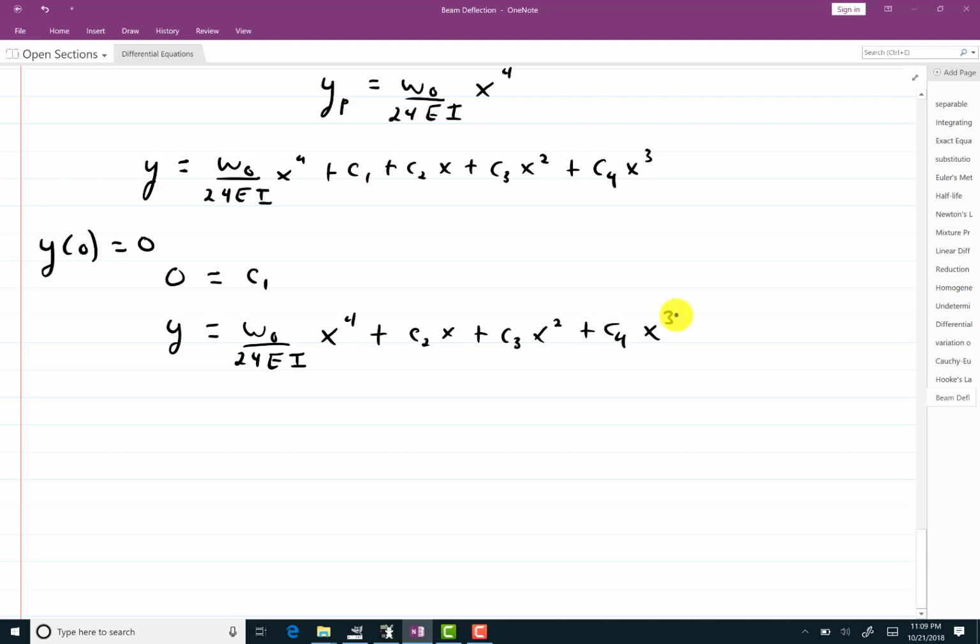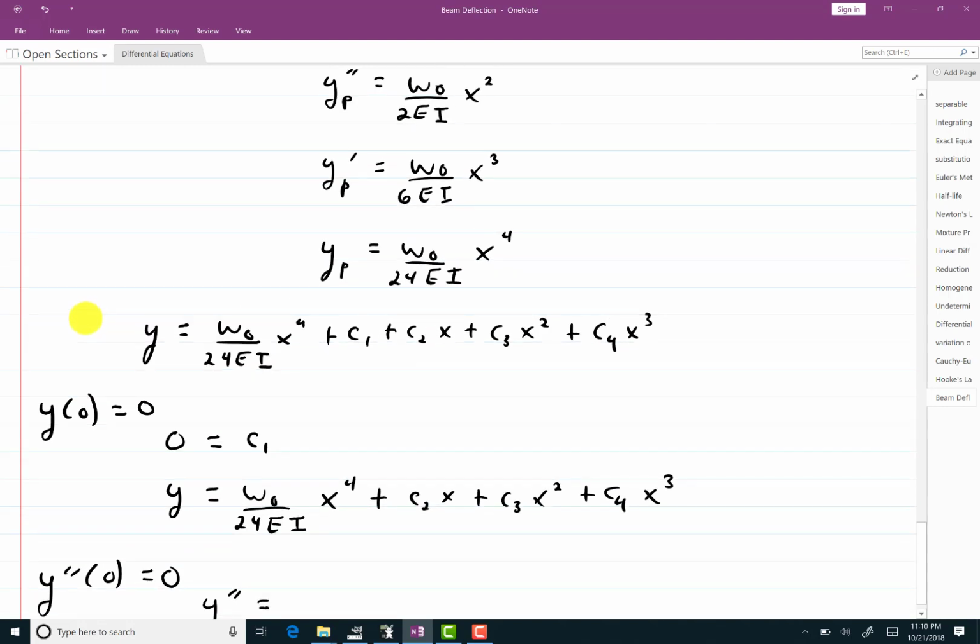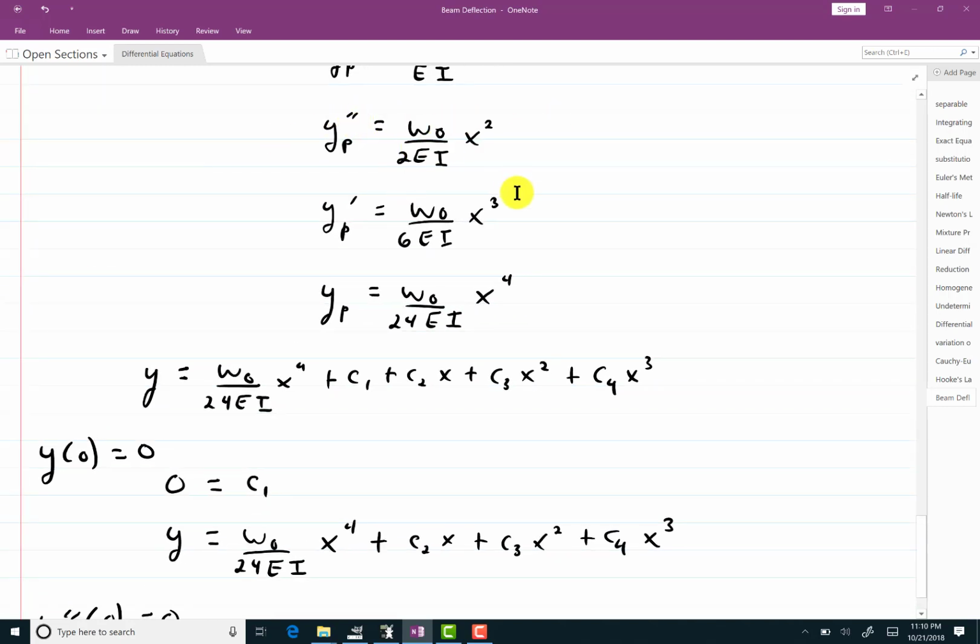The way you attack these is probably best to stick with the conditions that happen on the left side first to figure out the c's, and then once you start plugging in L, it gets a little messy. So we had y double prime of 0 equal to 0. Let me take the second derivative there. It's sitting right up here; it's not really hard to differentiate this, because this is just a polynomial.